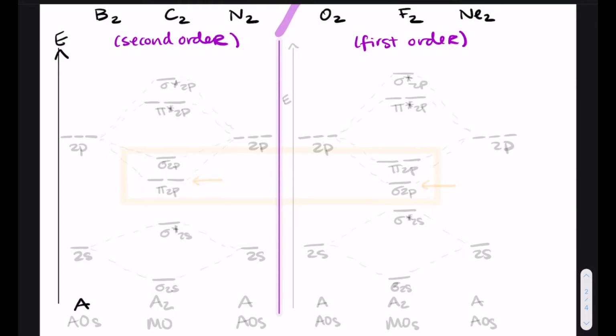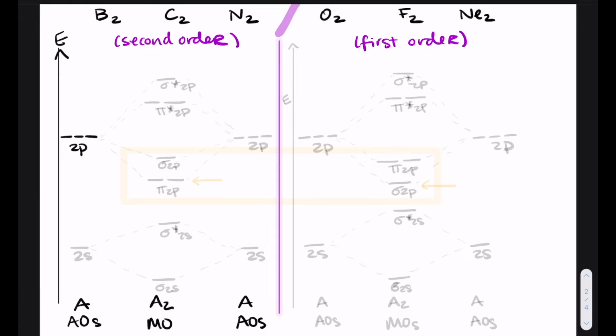All right. So for boron, carbon, and nitrogen, if I put all of this together, I have an energy scale. I have my atomic orbitals on the outside, my molecular orbitals in the middle. The atomic orbitals that I'm dealing with are 2s and 2p, and they are going to combine with each other to form the molecular orbitals that we have just described and put pictures to.